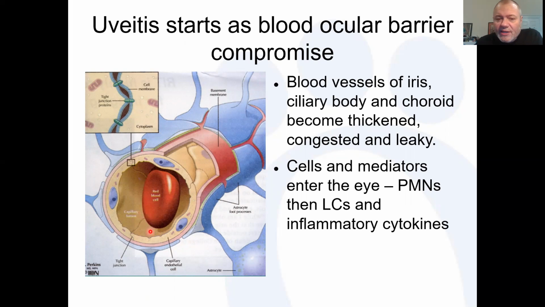One of the reasons we use atropine in our patients is that by dilating the pupil and pulling the iris and the ciliary body back, it scrunches everything together and pulls these vessels back into a tight band, and helps to stabilize the blood-ocular barrier by scrunching up these tight junctions. So remember that the vascular arrangement and compromise of this blood-ocular barrier is one of the key points in pretty much all uveitis, not all, but most of them.